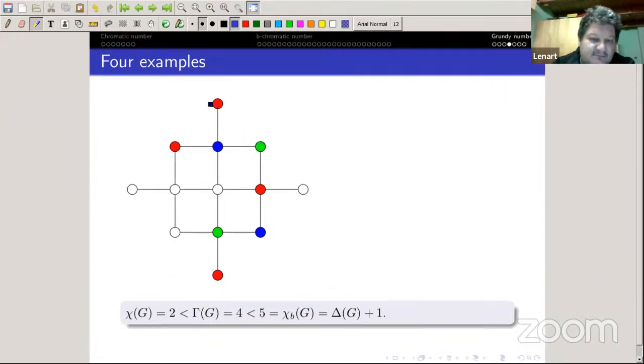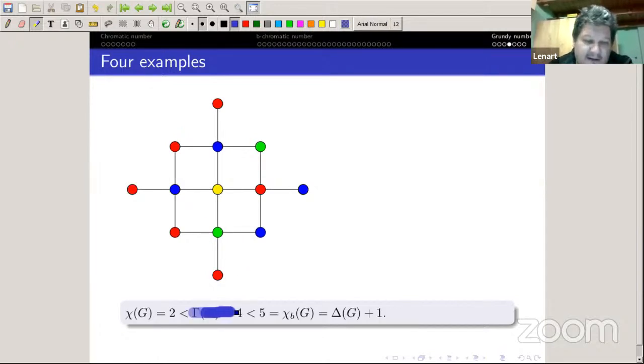This vertex has only blue color, the first color is red, so we can choose red. This neighbor has already first color red in its neighborhood, so it received the second color blue, and so on. We see that now we have this vertex which has blue, red, and green in its neighborhood, and we need a fourth color.